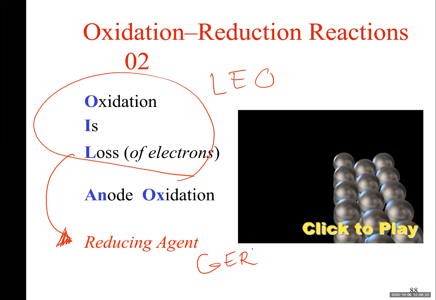If it's reduced, is it called an oxidizing agent? Yes. In other words, let's say electrons are money, or money is electron, a dollar is 1 electron. If I get $1 from you, I have caused reduction of your money. So I'm a reducing agent, and I gained electron, so I'm oxidized.